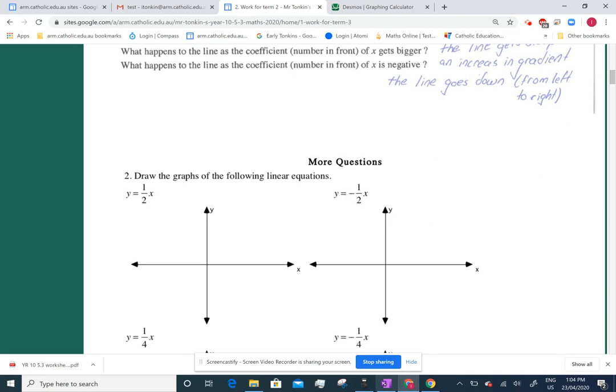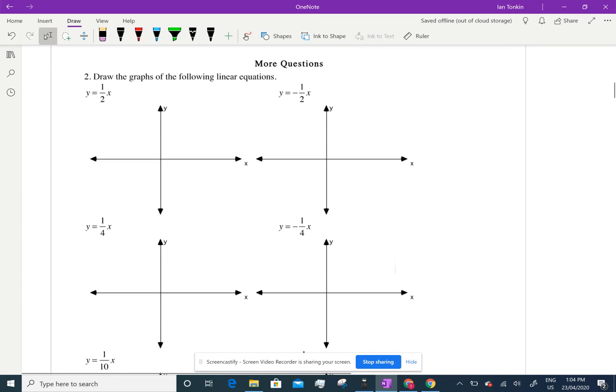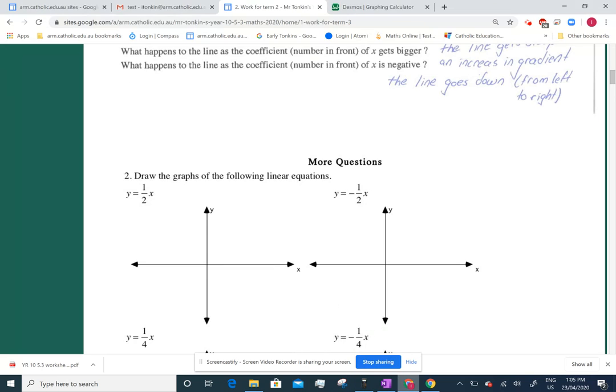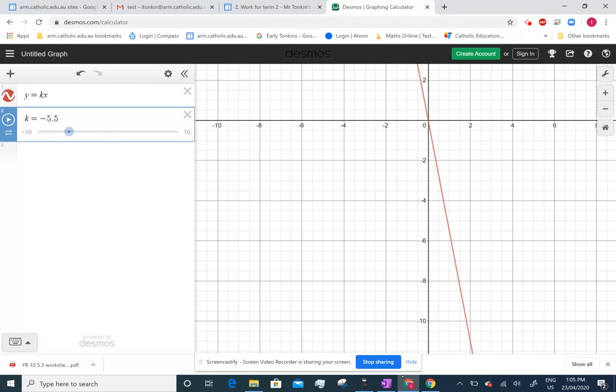Okay, so let's have a look at the next ones. Now we're talking fractions. So let's go back to Desmos. And this time, we're just going to limit it because we'll just look at the positive ones. And we'll make our step only go from 0 to 1.